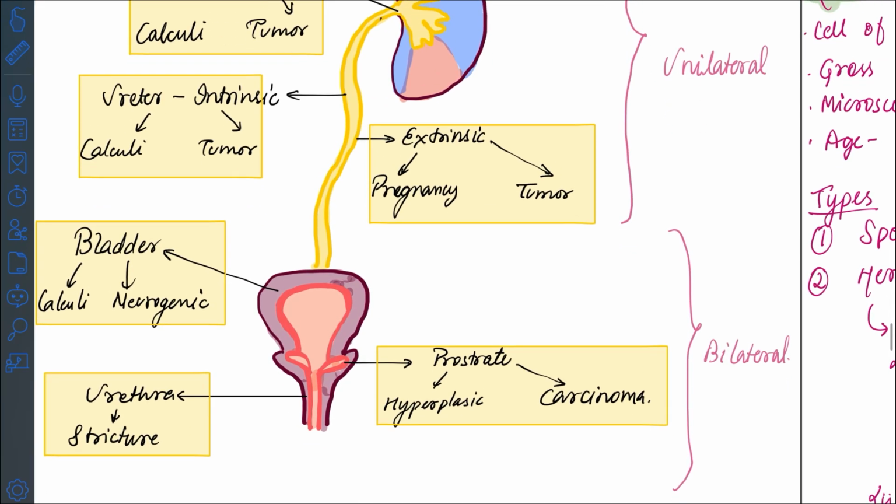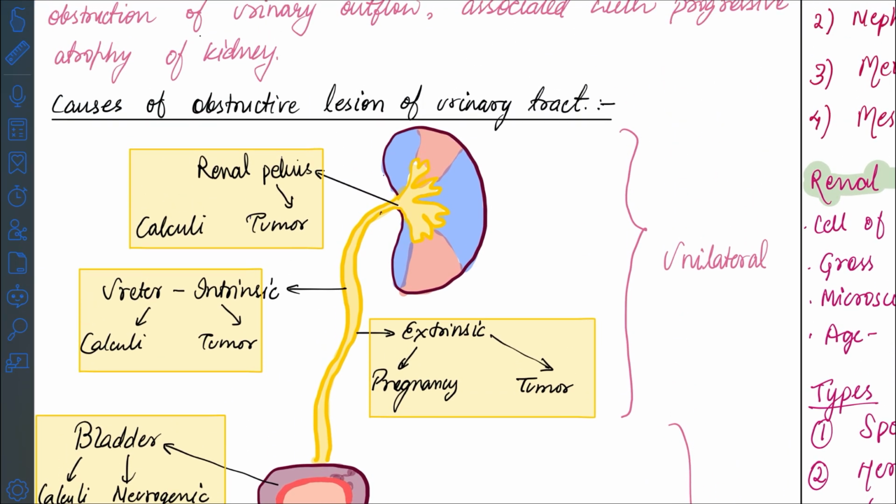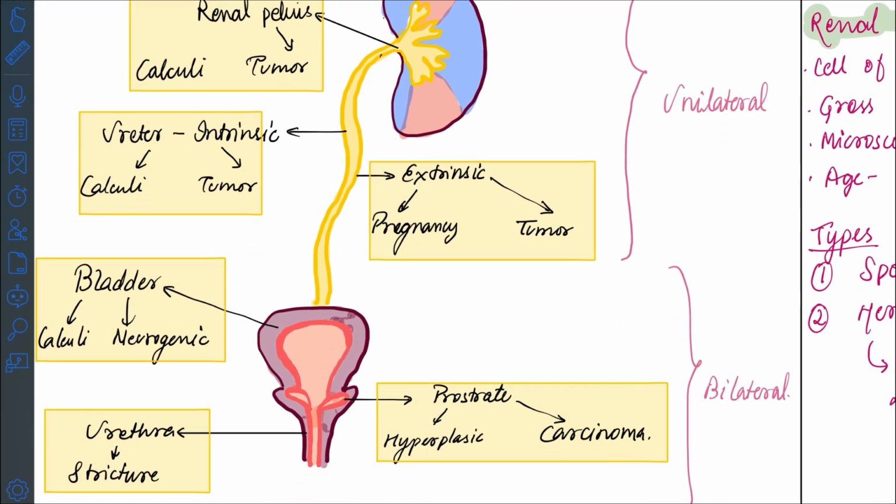Here I have written that obstruction in the bladder, prostate and urethra can lead to bilateral obstructive disease, and above this, in the ureter, it can lead to unilateral disease. What I actually mean is that if there is obstruction in the urethra here, then both of the kidneys will be affected.